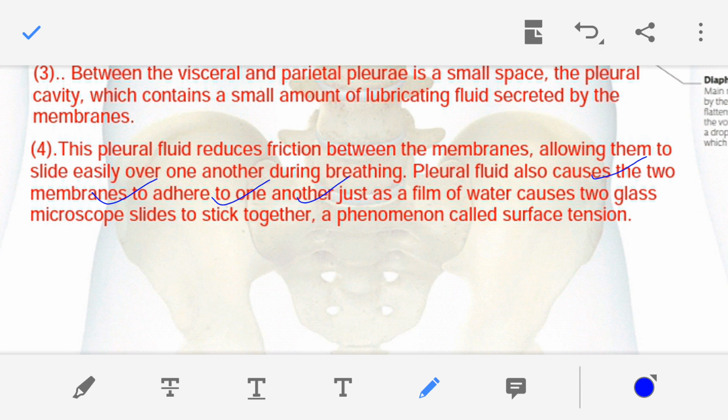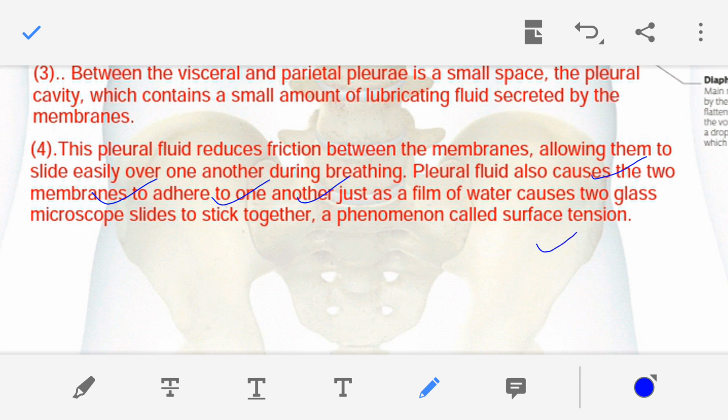Now in your dissection box, glass slides are there, and in between these two glass slides, if you place a water drop, you will find that immediately both the glass slides stick together. And the reason why they are sticking together is the phenomenon known as surface tension.